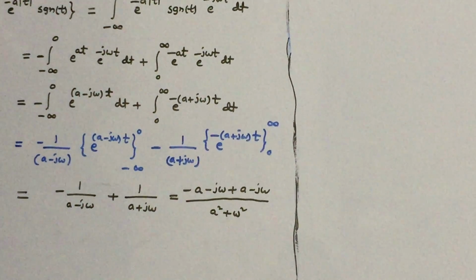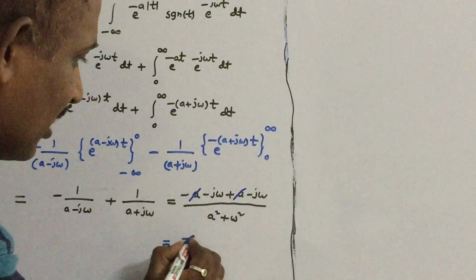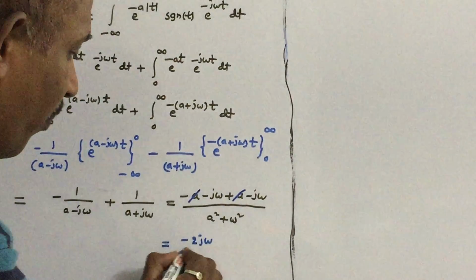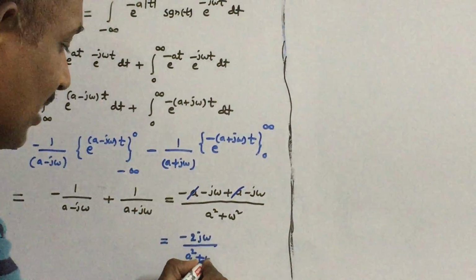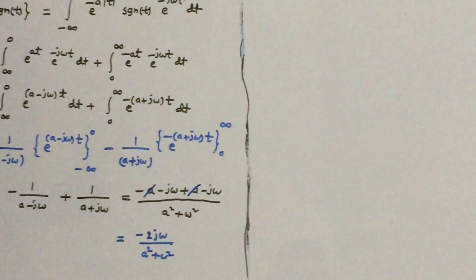You can see that a gets cancelled out, so it will come out as minus 2j omega by a square plus omega square. So therefore we can write it as, so what is this?